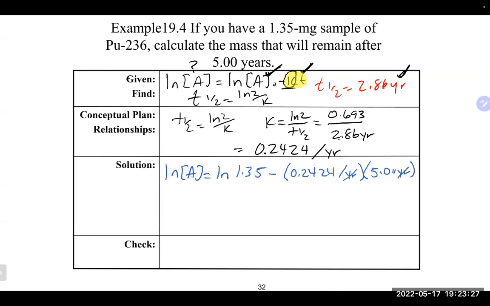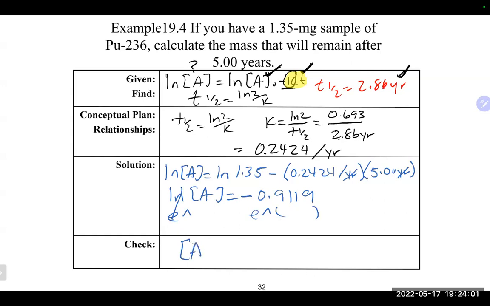If we clean up the right-hand side, we take the natural log of 1.35 and subtract 0.2424 times 5. That gives us the natural log of A equal to minus 0.9119-ish. To get rid of the natural log, we need to take e of both sides, so those cancel.